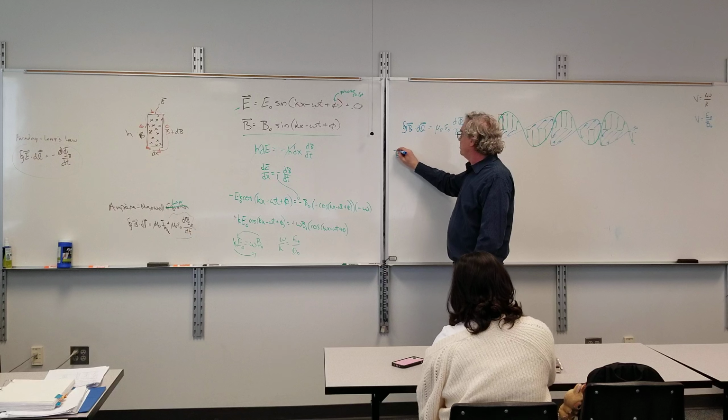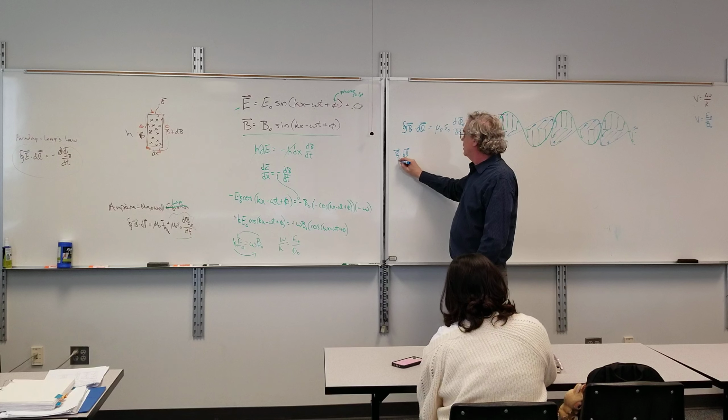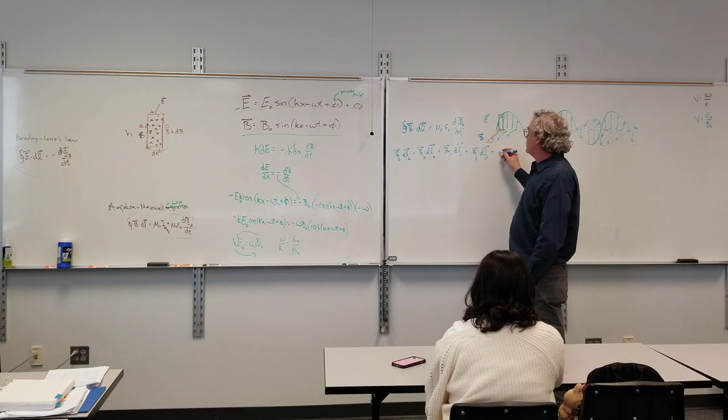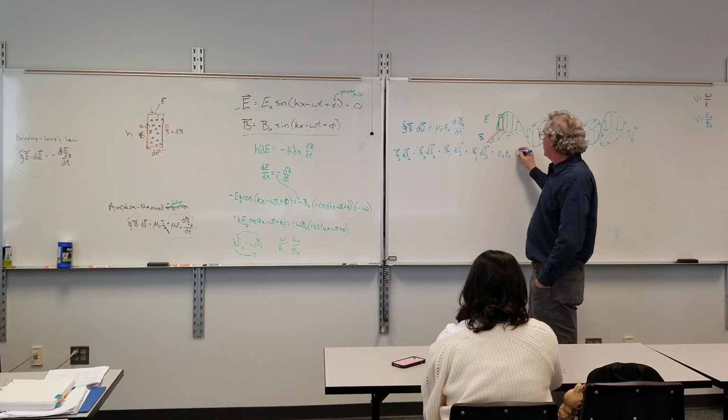So this is B dot dl along path A, plus B dot dl along path B, plus B dot dl along path C, plus B dot dl along path D. And that's going to be equal to mu naught epsilon sub naught times the derivative of the electric flux there.